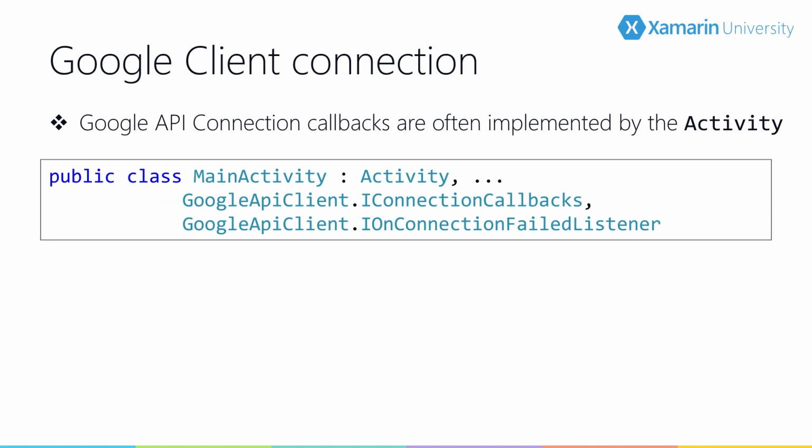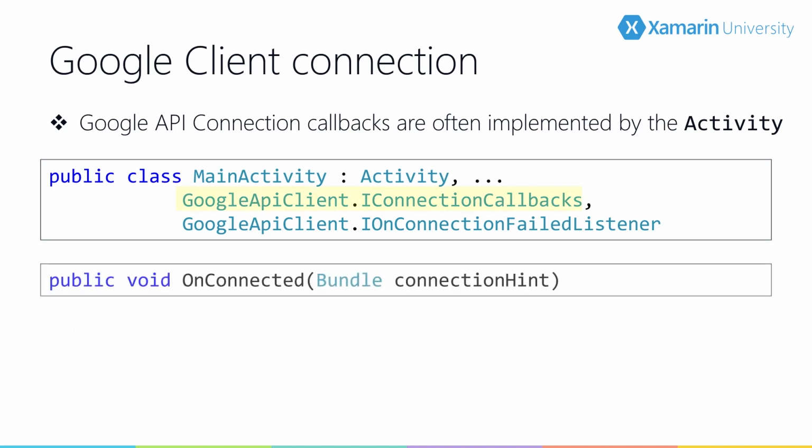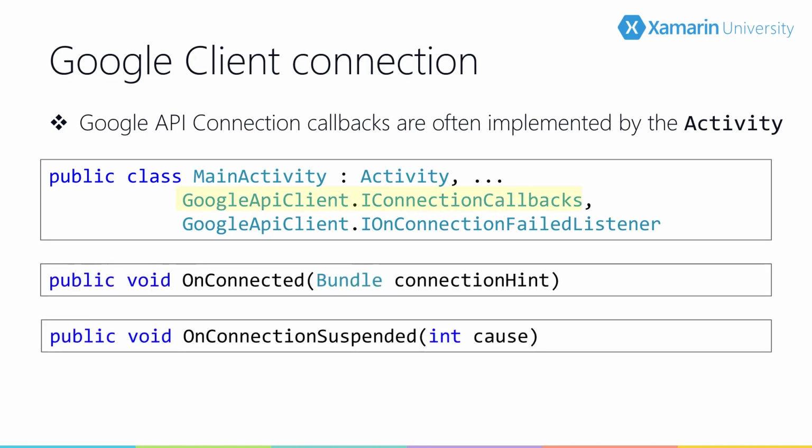Once you call connect, you'll get a callback indicating that the connection was successful or that it failed. The two callbacks are implemented as interfaces, typically on the activity which will use the API. The GoogleApiClient.ConnectionCallbacks interface is used to report when a connection is made to the API or when a connection is suspended. The onConnected method is called asynchronously after the connect request has been successfully completed.